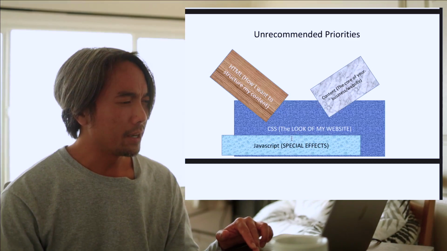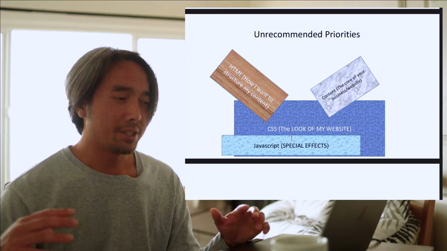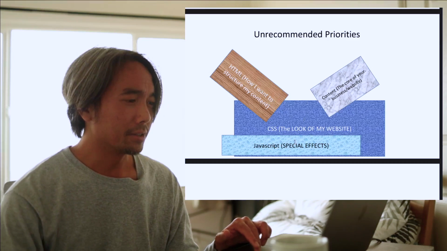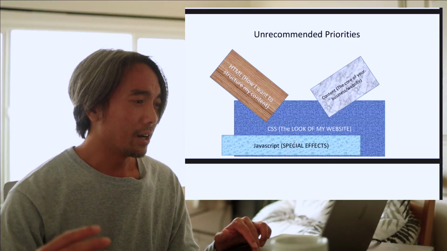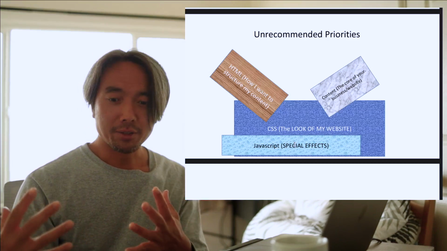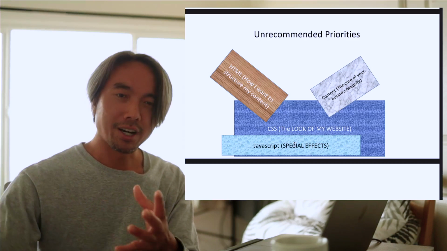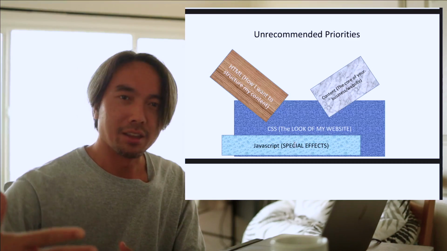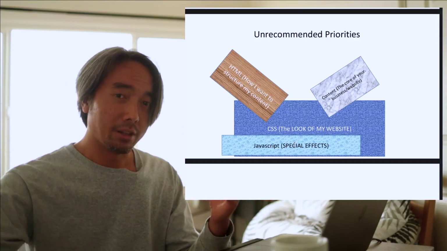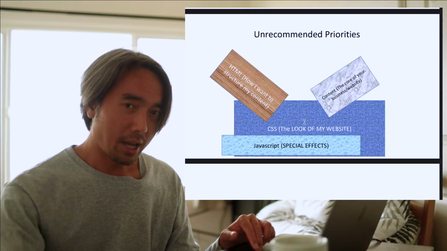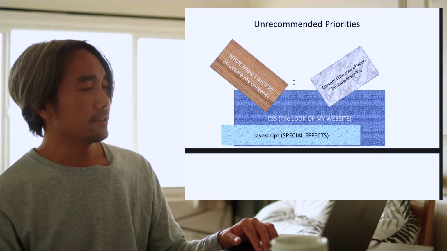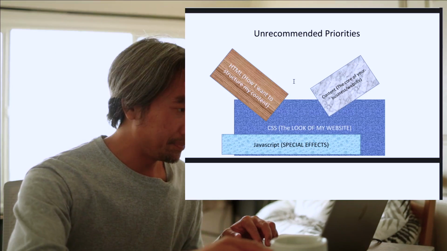For example, if a developer is designing a web page for a business, an unrecommended priority is to start out with the style or the special effects, and present the customer: hey, you should have a website with these colors and these animations, and then after that, fill in the data of the customer and the structure of the data afterwards. I would say that is unrecommended, and I strongly believe that is not good web development.